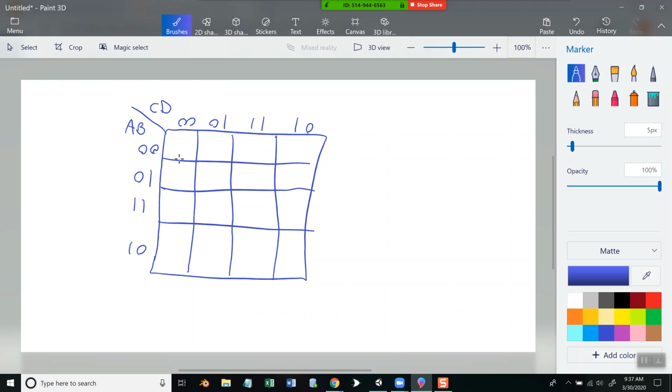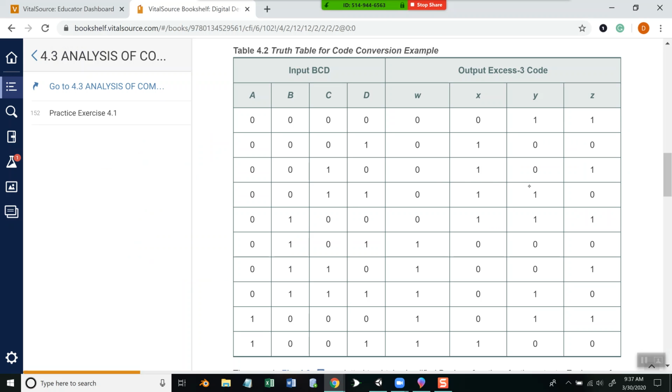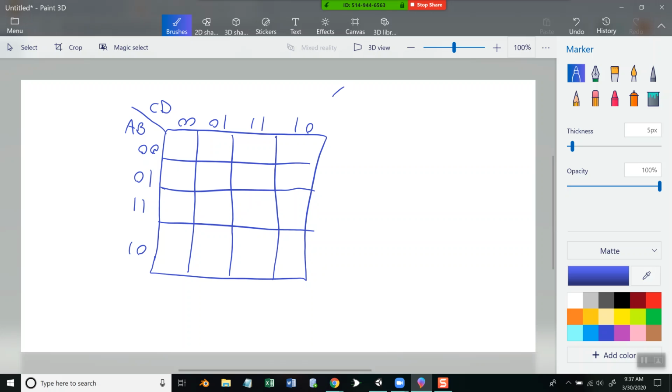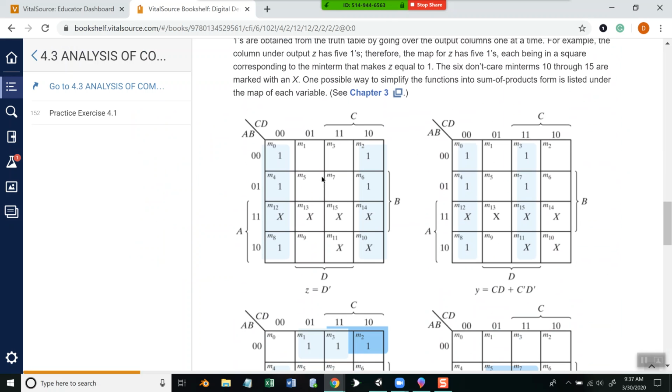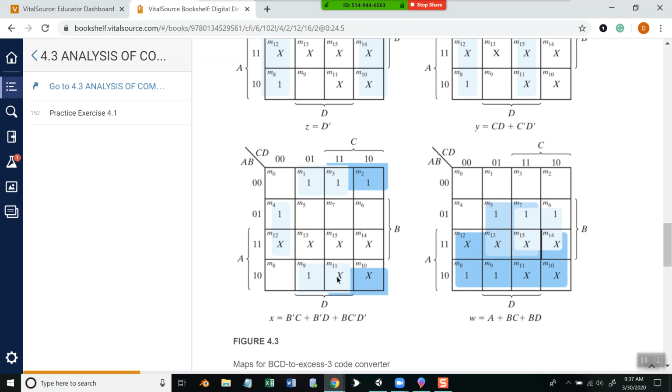But if I want to look at X, for example, down here, I guess this one right here.